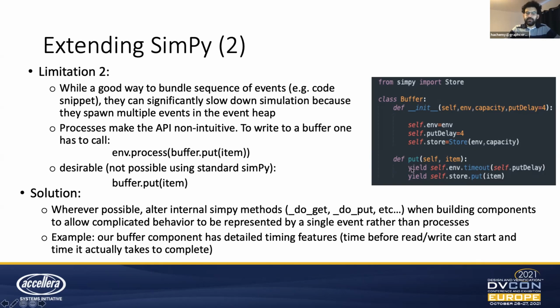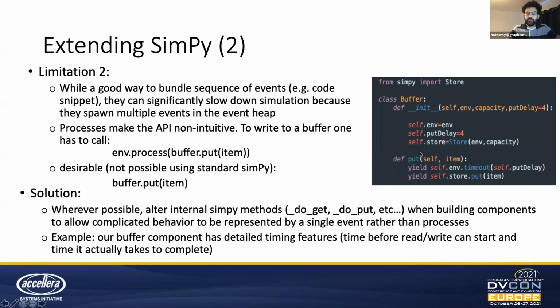Now, since you've used a yield statement, this put is a generator function, and hence it is a process in terms of SimPy. It's not an event, which means when you want to actually put something, you need to call env.process(buffer.put(item)) rather than the more intuitive and desirable API where you just say buffer.put(item).